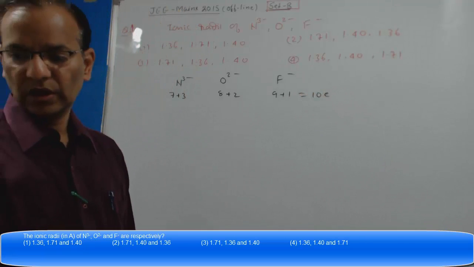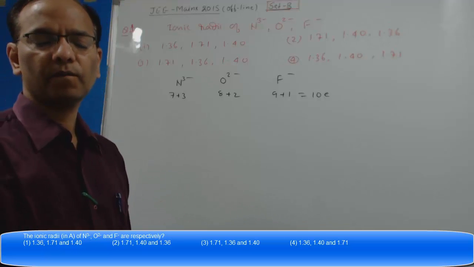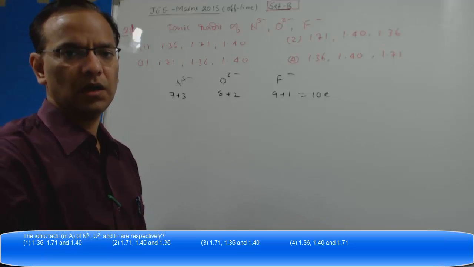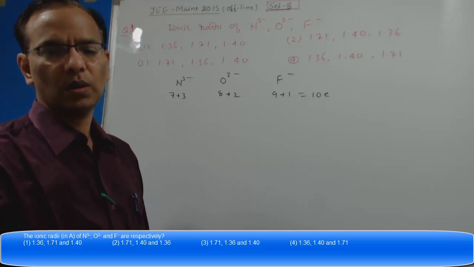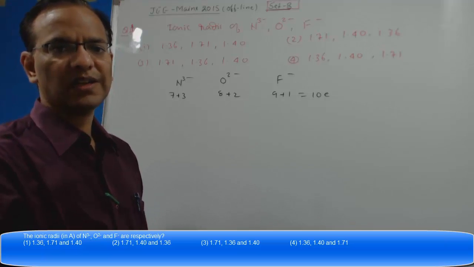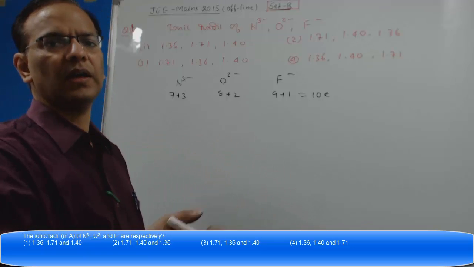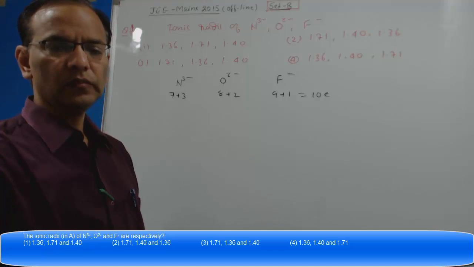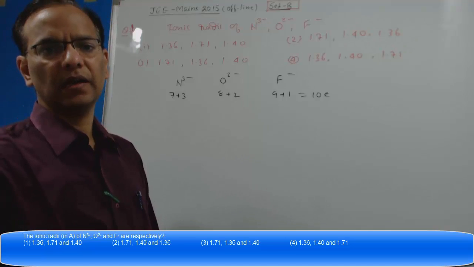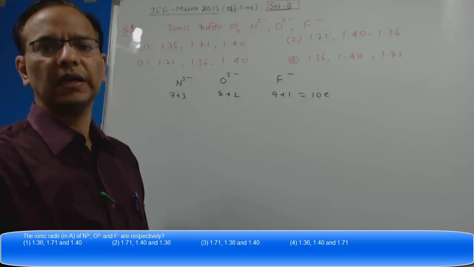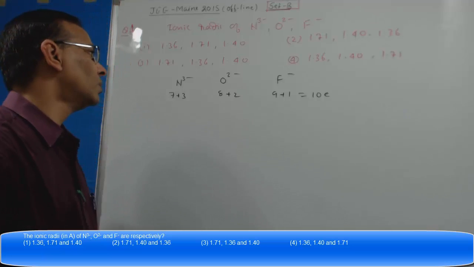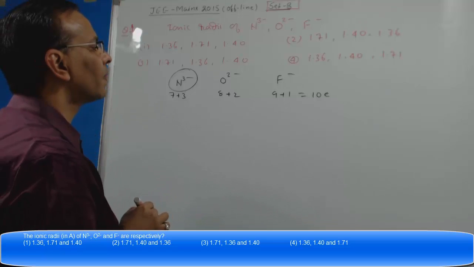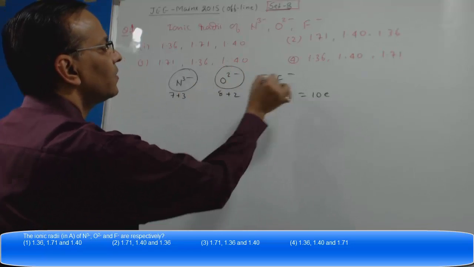They are all from the same period. And as we know, in the same period, if the species are isoelectronic, then the more the negative charge, the larger the size. So this has the largest size, then this, and then the smallest one.